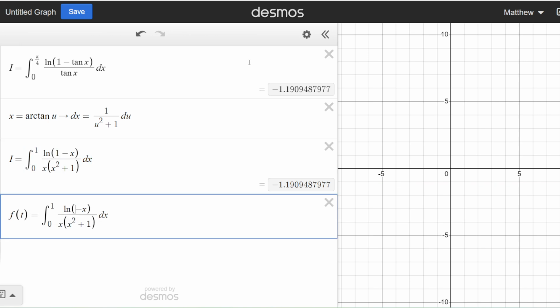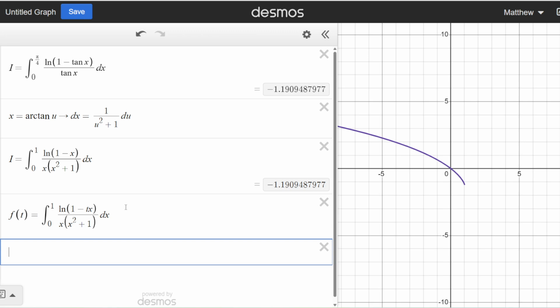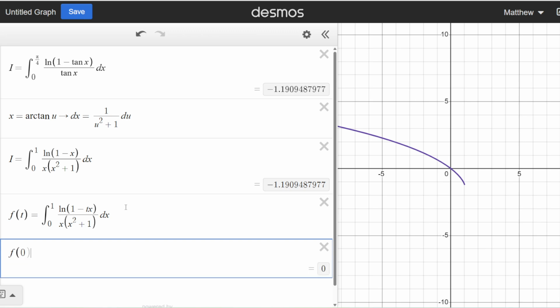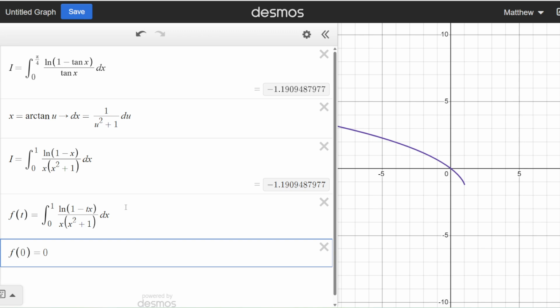We could put a t here, but then it doesn't converge, so we won't do that. So we'll put a t here. So we just created a function of t. I just put a t right in front of that x right there. And now, pretty clearly f at 0 is going to give us 0, and f at 1 is going to give us back our original integral.